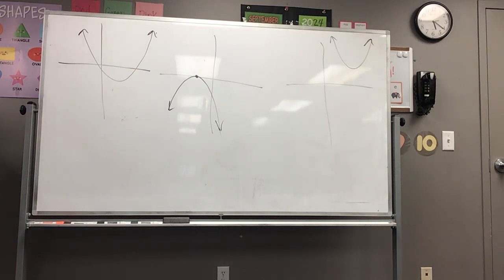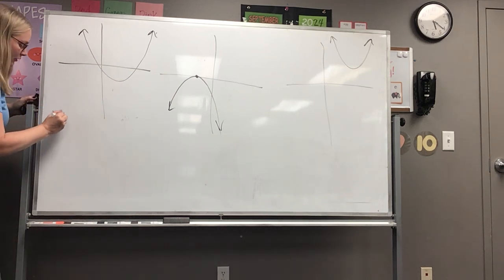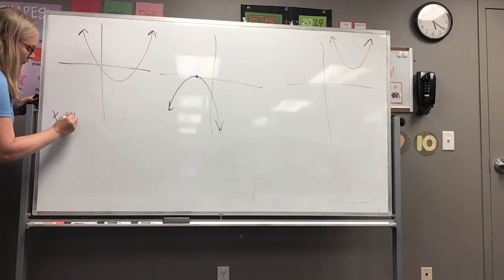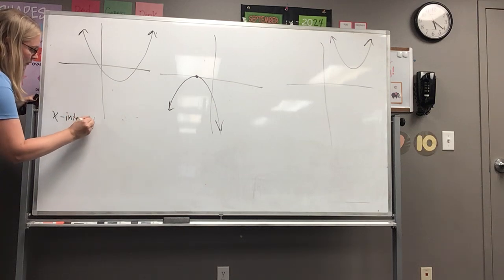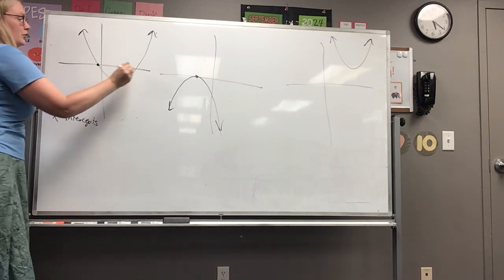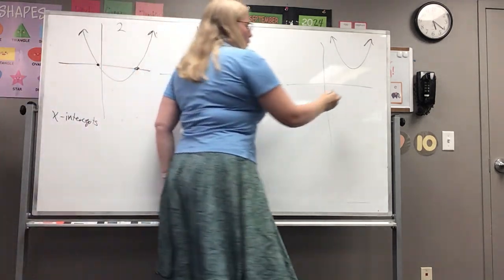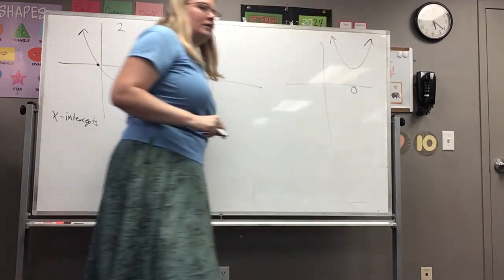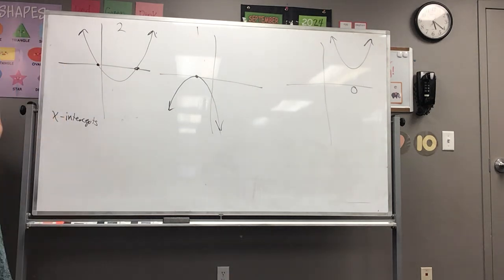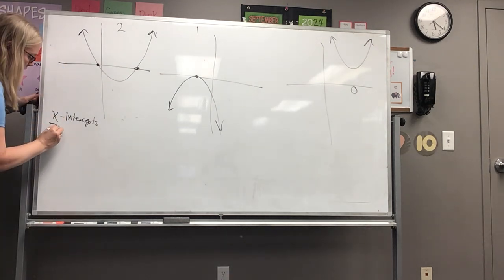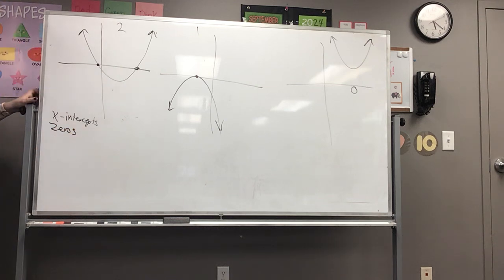2 x-intercepts, 1 x-intercept, and no x-intercepts. Okay, so x-intercepts, and I agree, there are 2, 1, or 0. What is another name for those x-intercepts? Zeros. All right, any others?